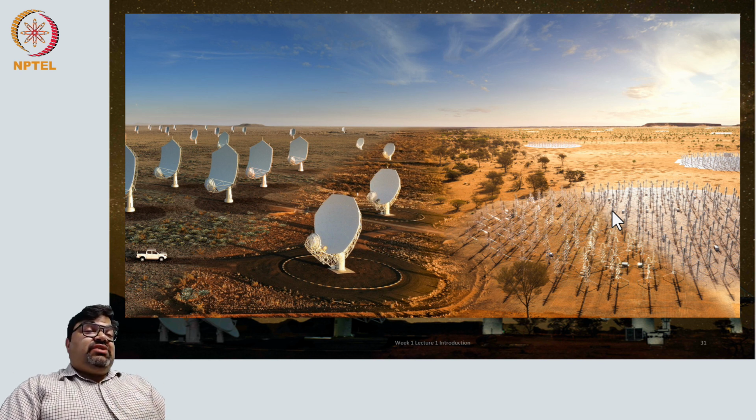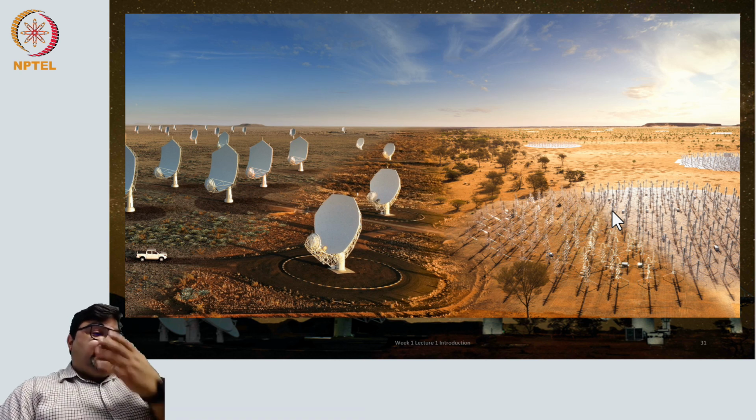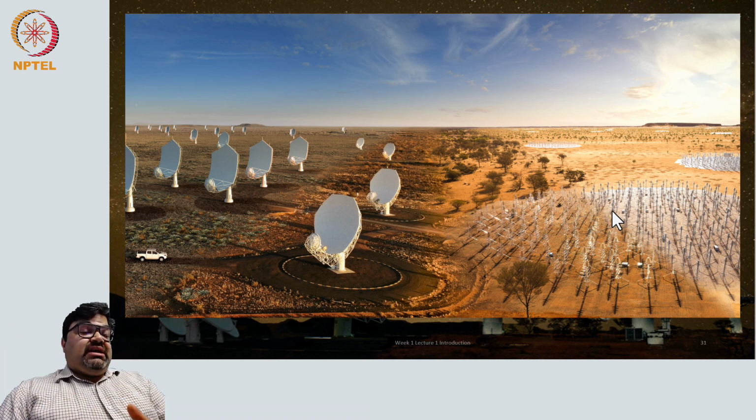Hence, although being a single telescope, the Square Kilometer Array is divided into 2 sub-telescopes. One operates from around 70 megahertz up to 350 megahertz or so, and another starts from where the other leaves off and goes up to 14 gigahertz or so.